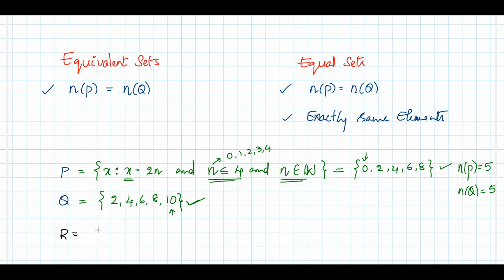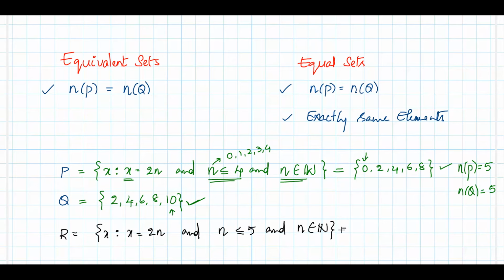Let's say R is equal to {x such that x = 2n, and n is less than or equal to 5, and n belongs to natural numbers}. All right.